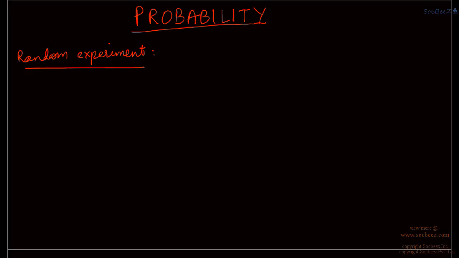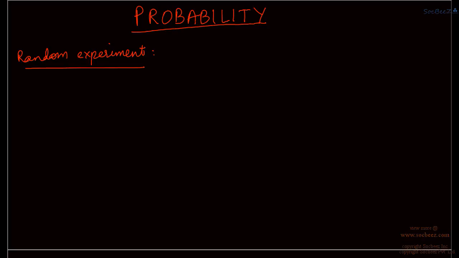So what is actually a random experiment? Well, a random experiment is an experiment all of whose possible outcomes are known to us, but the result of any of these outcomes cannot be predicted. Now the most famous examples cited to teach the concepts of probability are those of rolling a dice or tossing a coin.